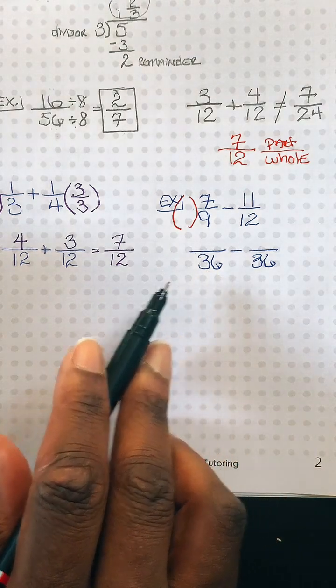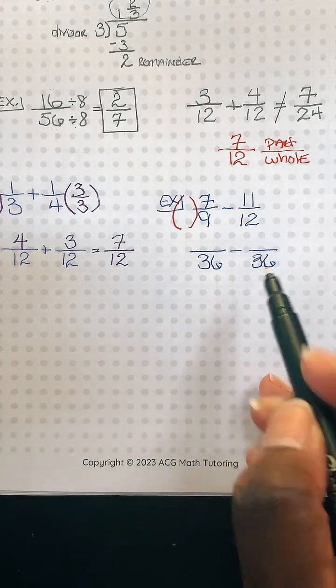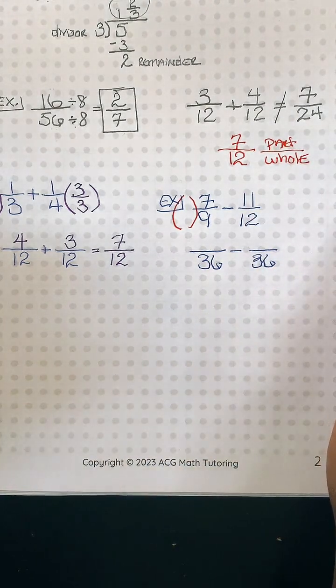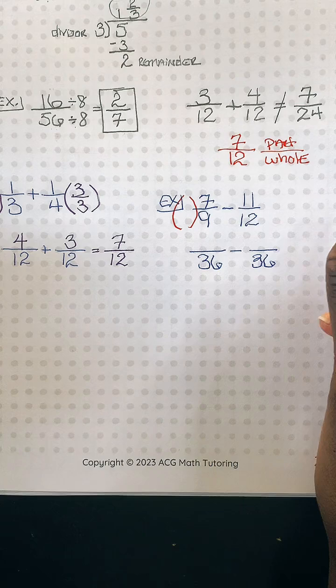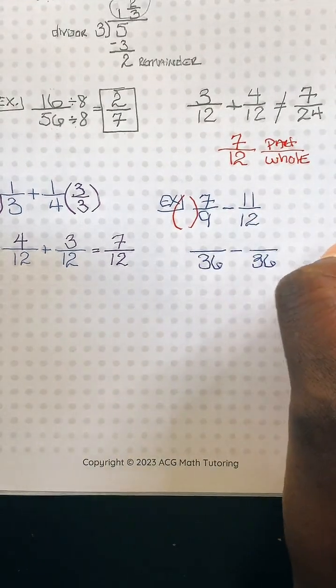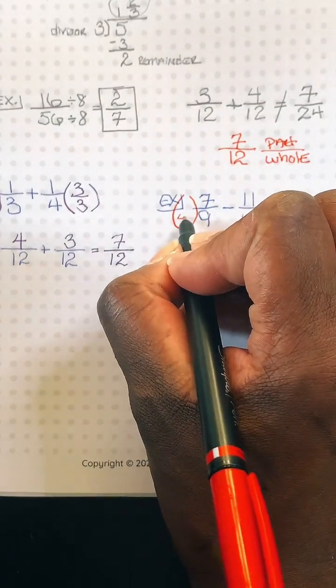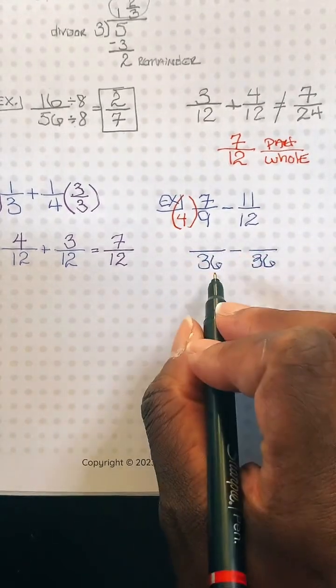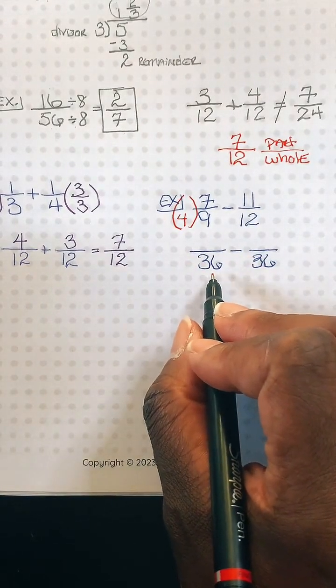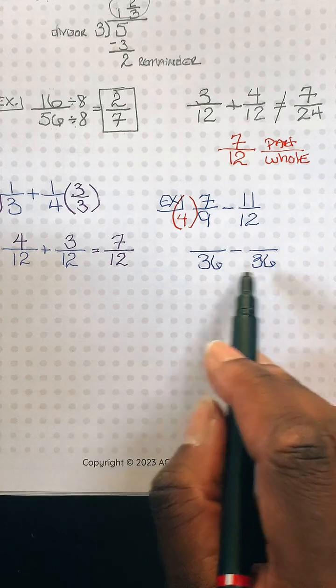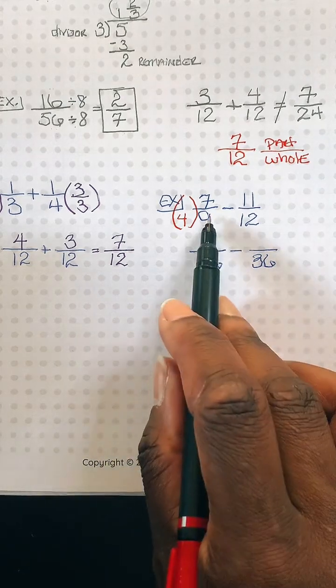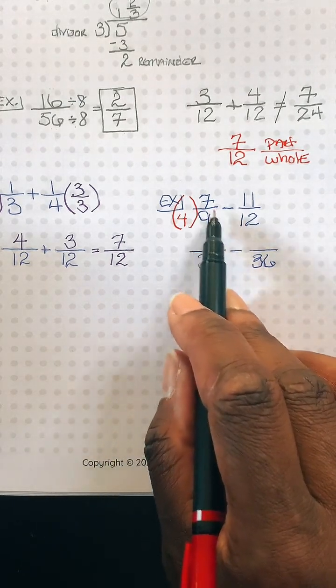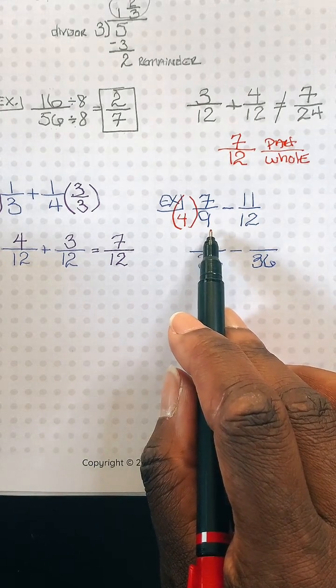Okay. So I want to make it into a 36. All right. So if I do 4 times 9, that gives me 36. Can't do 12 as my denominator because we don't have a 12 in the 9 times table.